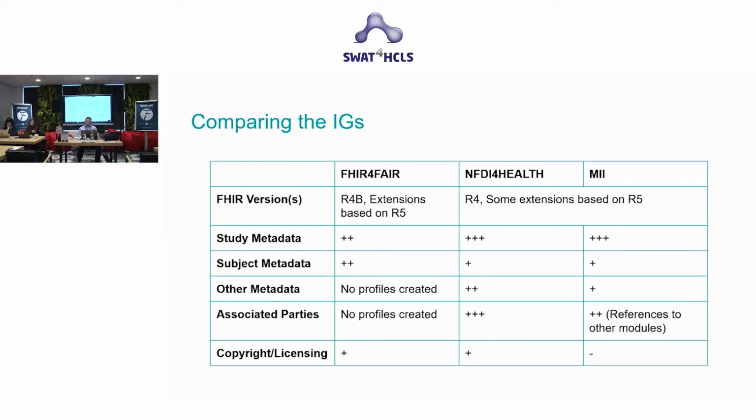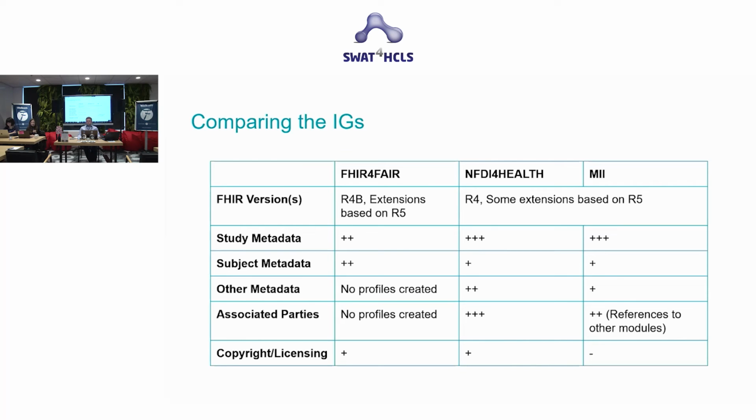I think the latter 2 are more indicating inclusion-exclusion criteria as strings, or also using group and evidence variables. But in FHIR4FAIR, you could really have a list of the different patients to be enrolled, or the different criteria that you are interested in.